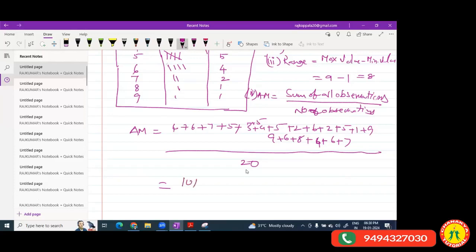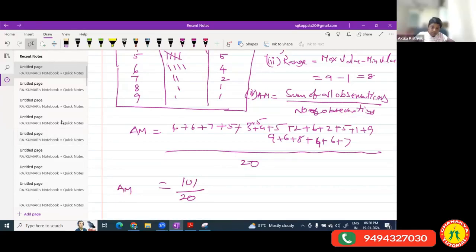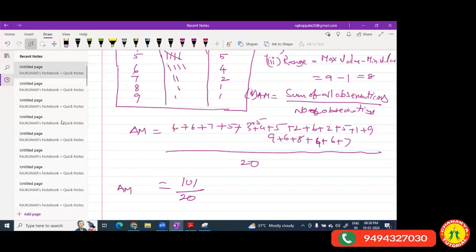Yes, 101 by 20. So this is called the arithmetic mean. This is the way of finding the arithmetic mean of given data. Understood? Yes, sir. Arithmetic mean is just adding all the numbers and dividing by how many numbers there are. With that we simply get the arithmetic mean. Okay.